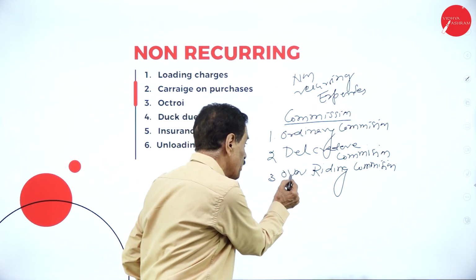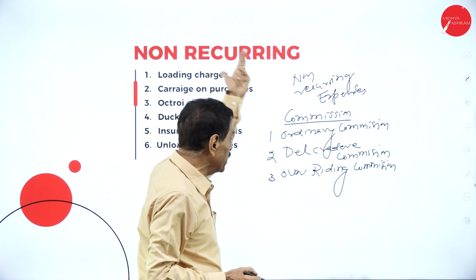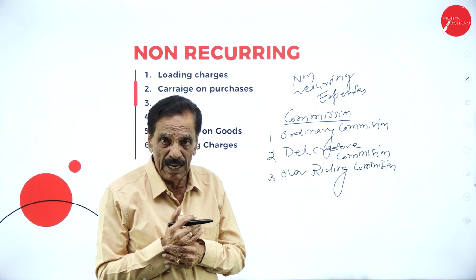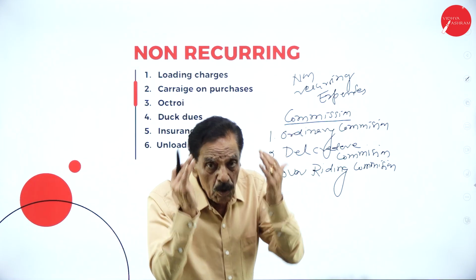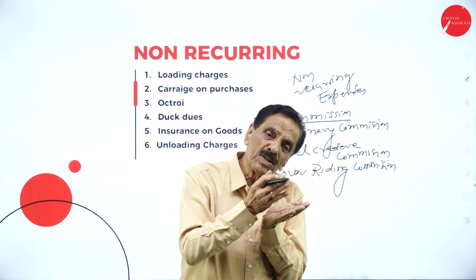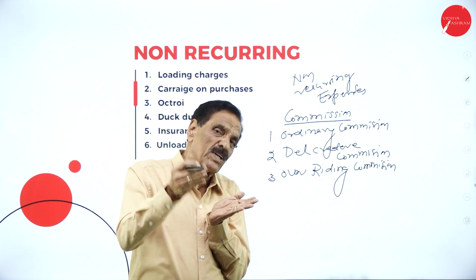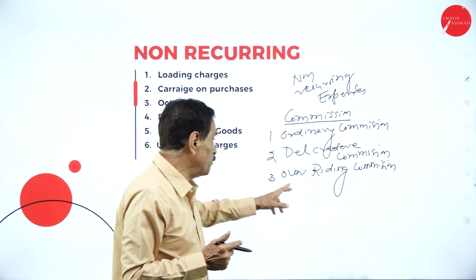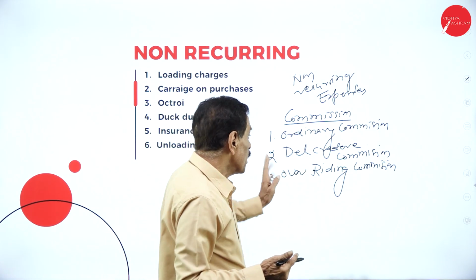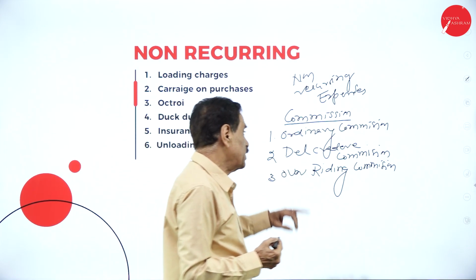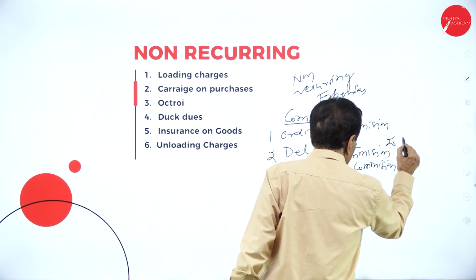Then regarding the overriding commission, more than the Del Credere commission, extra commission is payable to the consignee, so that he can make more sales and bring more profit to the consignor, and he will get more commission also. So for the extra commission, he has to make more sales than the Del Credere level. They made a sale to the extent of 20%.